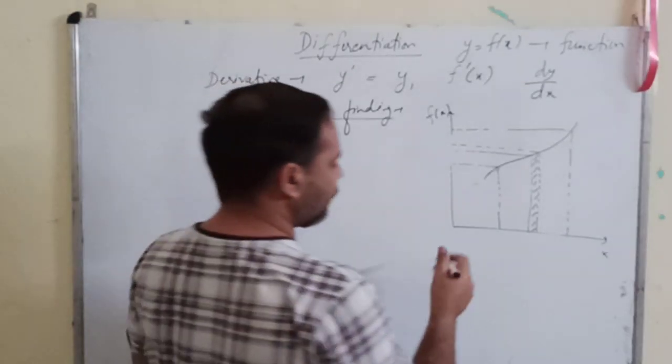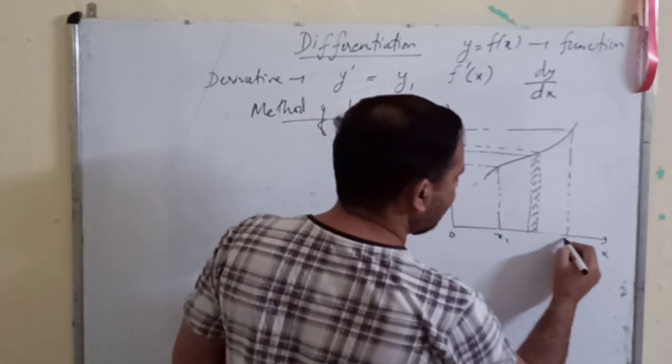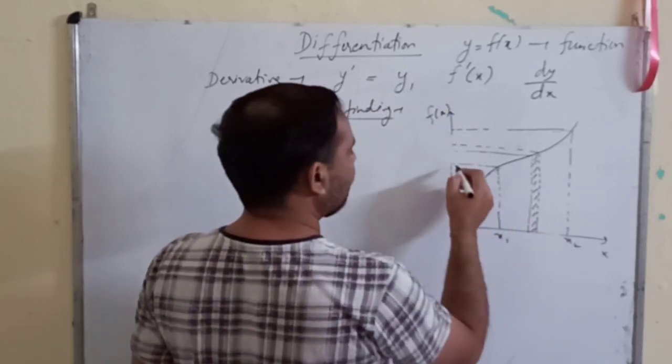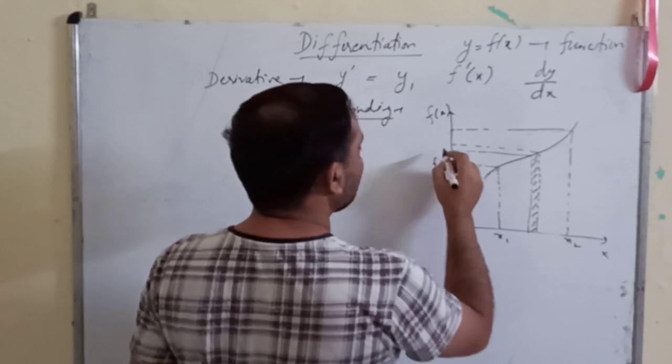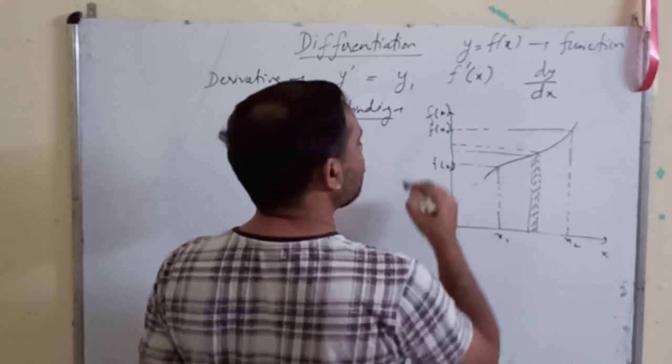Suppose this is your graph, this is x1, this is x2, and you have a function y equals f(x). So this is your f(x1) and this is f(x2).